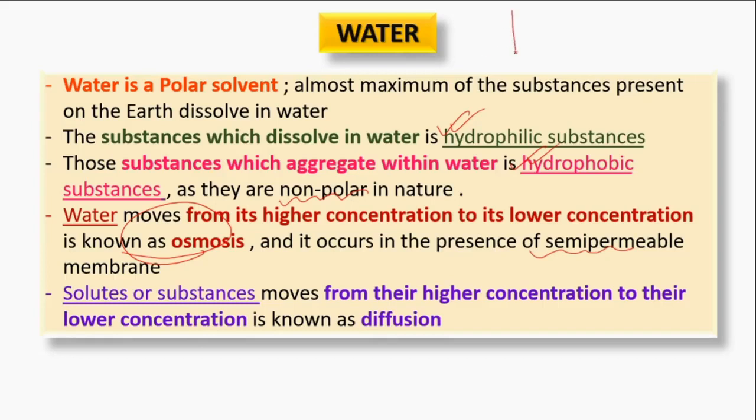Assume this is a semi-permeable membrane and a container. This side shows lower water molecules and higher solute, and this portion shows higher water molecules while lower solute molecules. Since it is a semi-permeable membrane, the water will move from this direction to this direction.